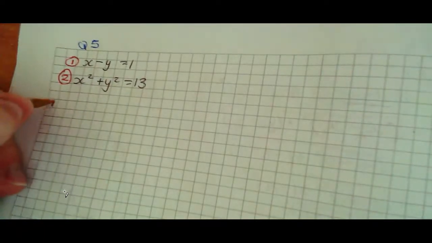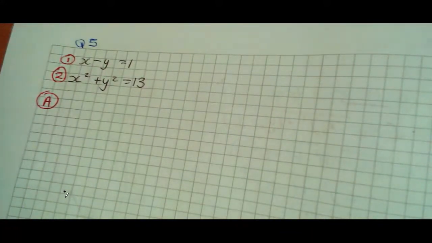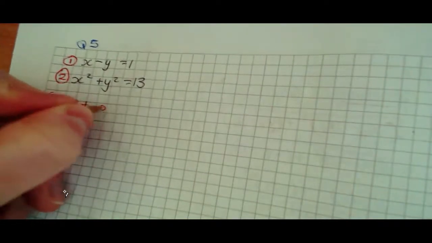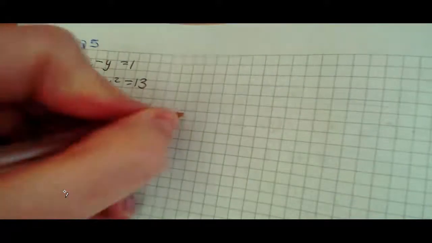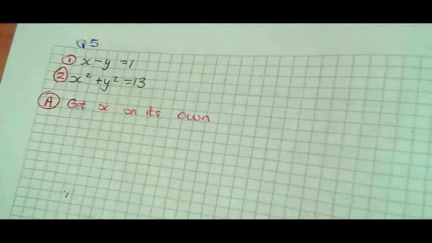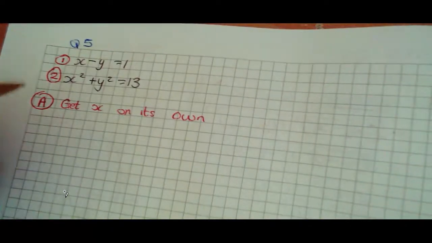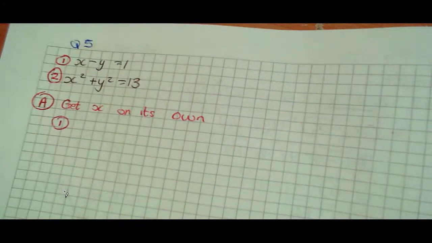The first thing I'm going to do is get either x or y on its own. It doesn't matter. I'm just going to say x for this question. We're going to use the equation without the squareds on it, equation 1, because it has no squareds in it.